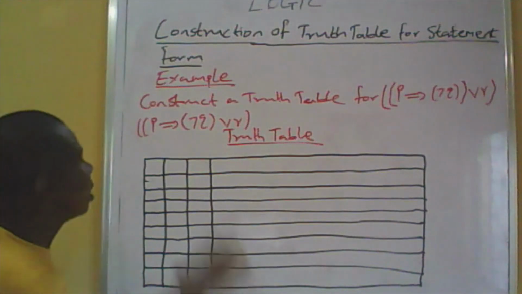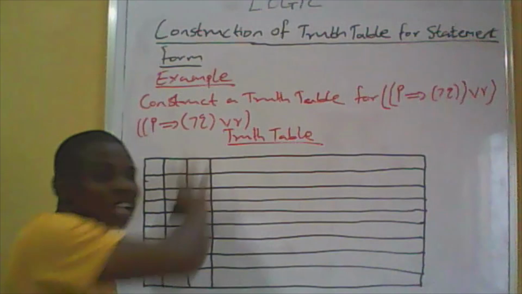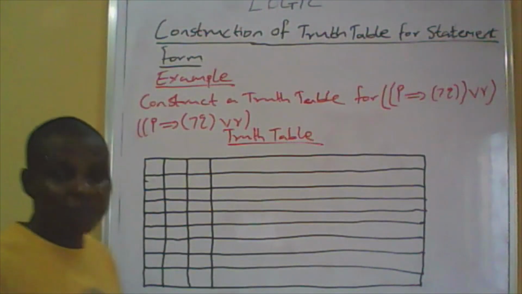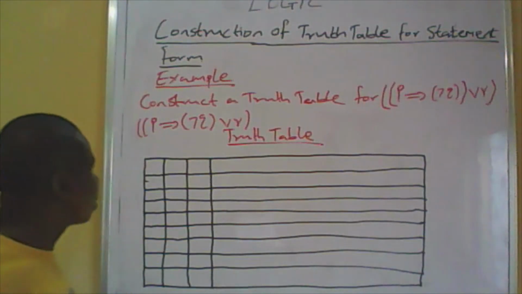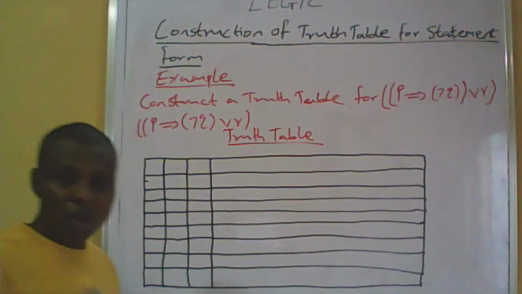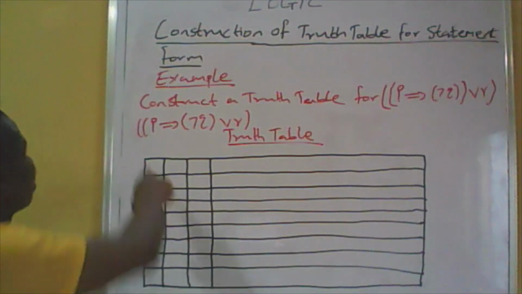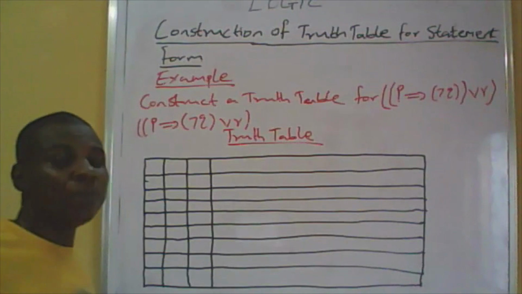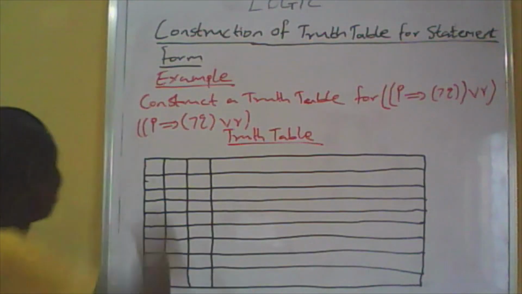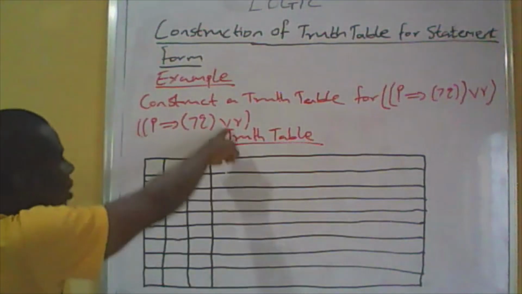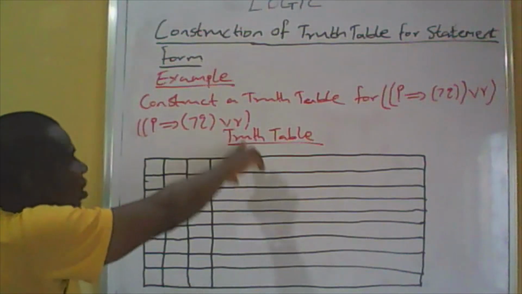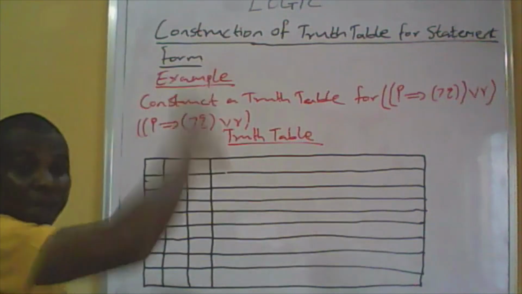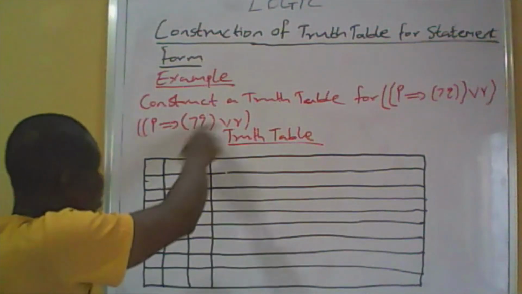But here the parentheses have been restored, so we don't need to restore them. For us to know which one is the main connective, when we remove the upper brackets, we can know the main connective. Here, if you remove the brackets, the or connective is the main connective for this statement.